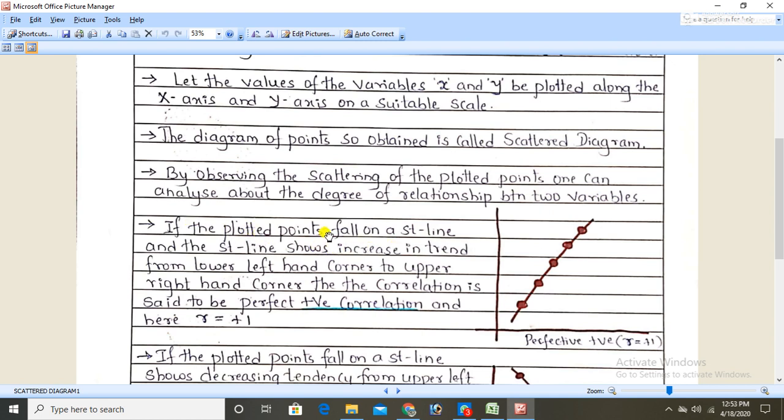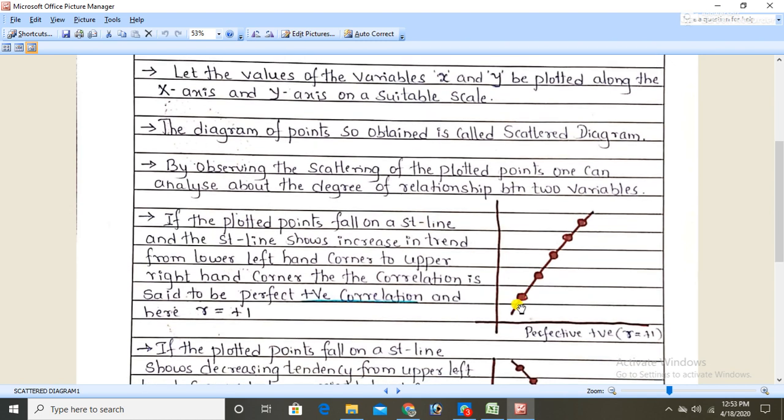If the plotted points fall on a straight line, and the straight line shows an increase, that is, both x and y values are increasing from the lower left hand corner to the upper right hand corner, so both x and y values are increasing.